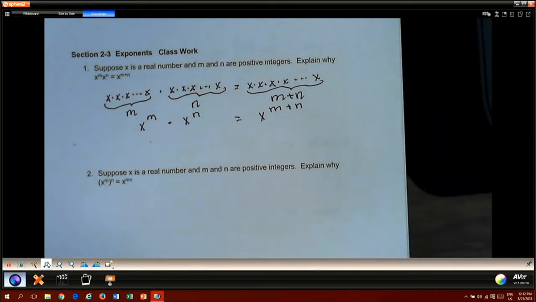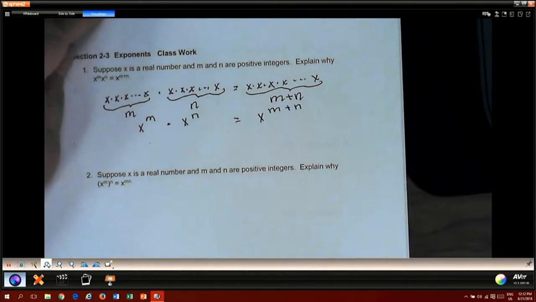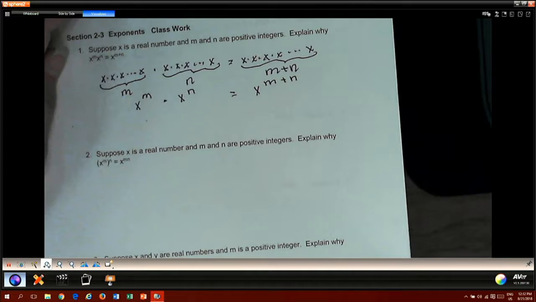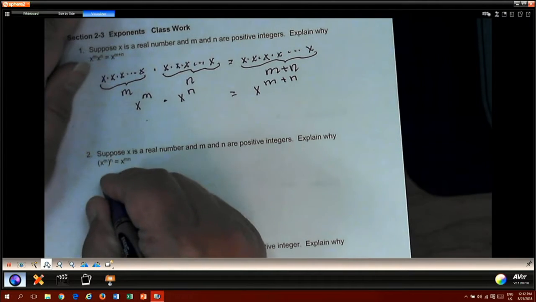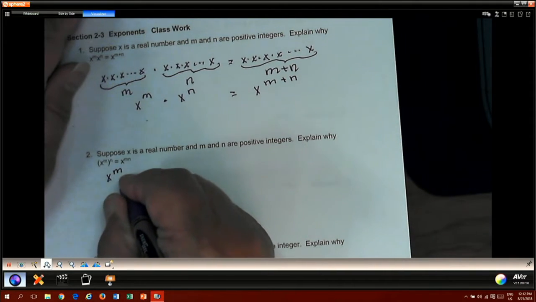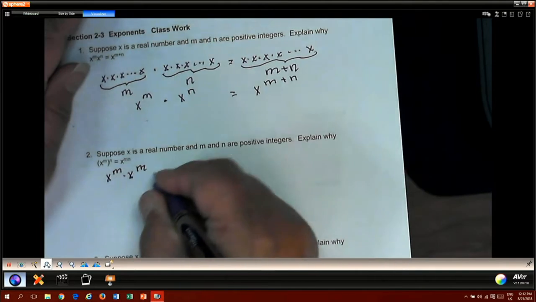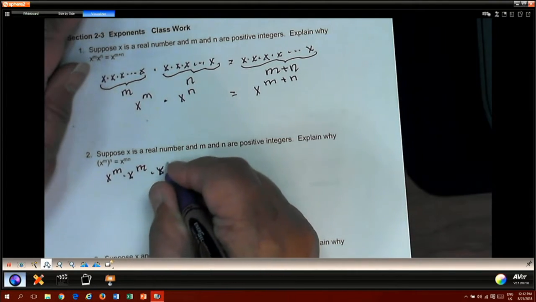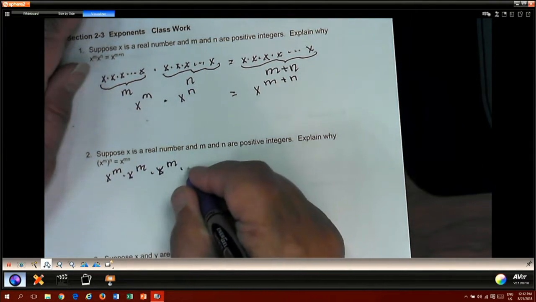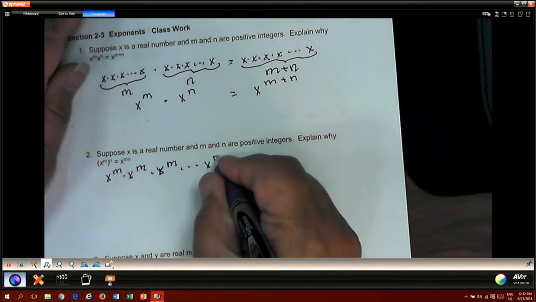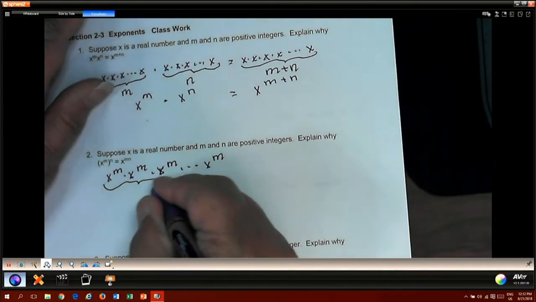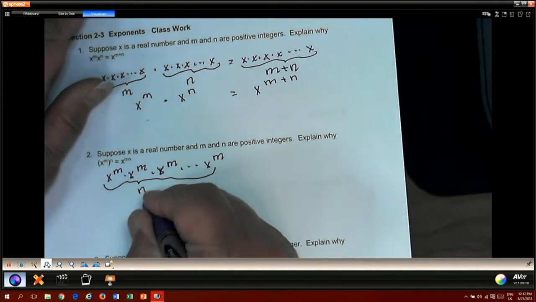Now with this one, we're raising x to the m to a power. So we have x to the m times x to the m times x to the m times x to the m, and we're doing this n times.